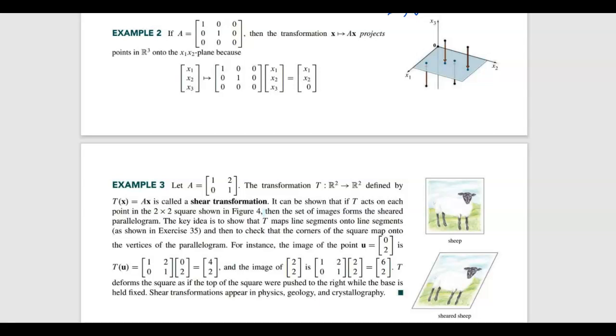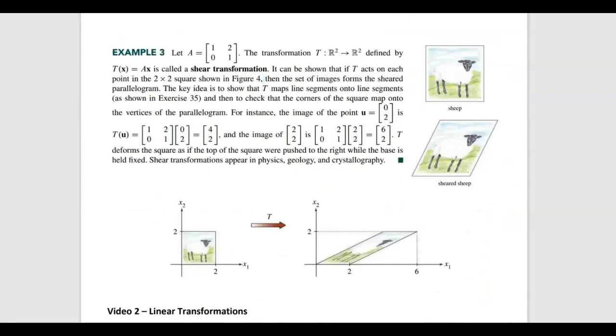So let's look at part A. It says, find T of U, the image of U under the transformation T. Well, T of U is equal to A times vector U. So I'm going to multiply matrix A by vector U, and I'm going to do just normal matrix multiplication here. 1 times 2 plus -3 times -1. 2 plus 3 is 5.